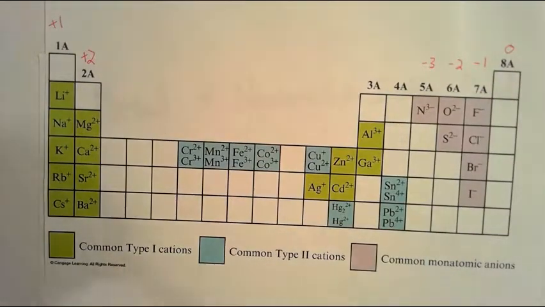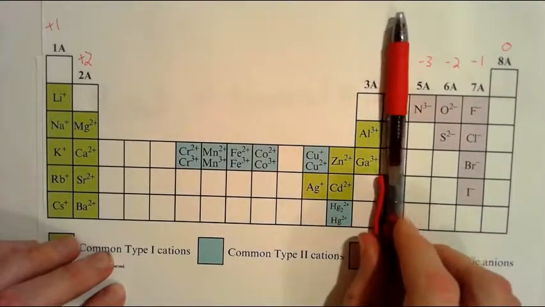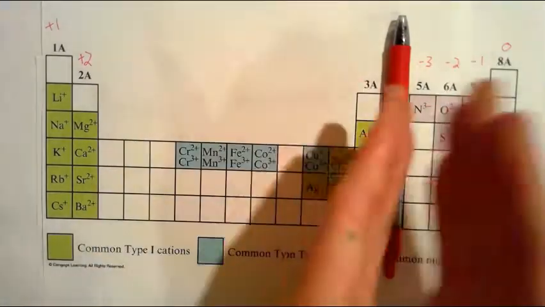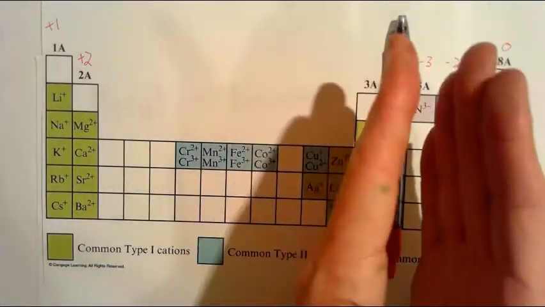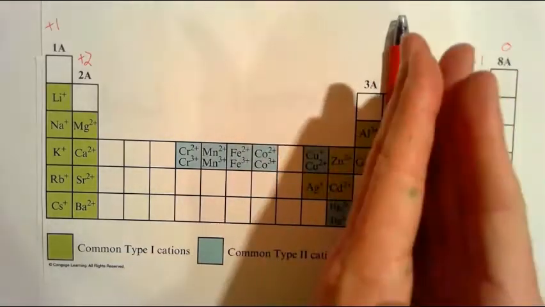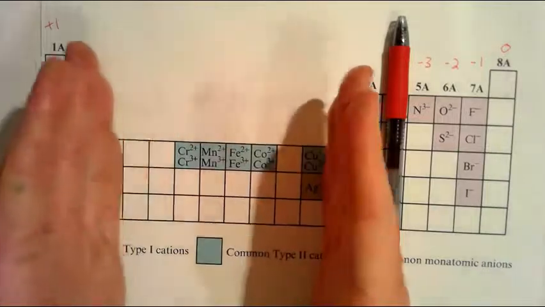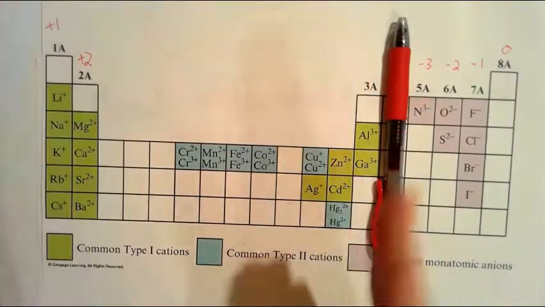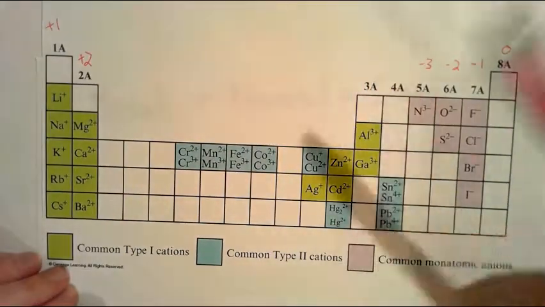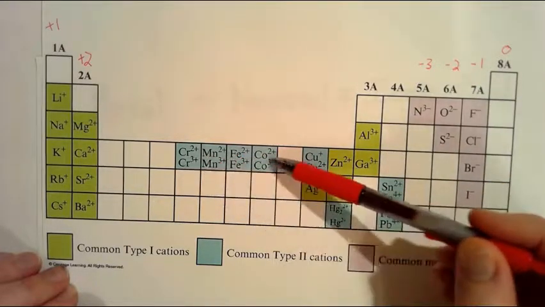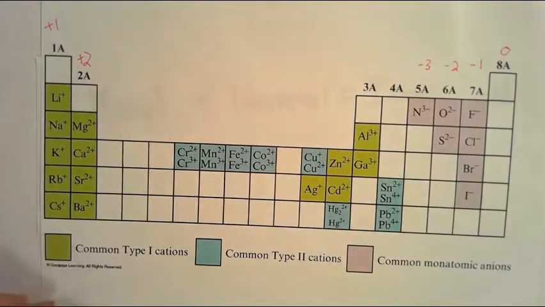So think of this as almost like a football field. If this were your 50-yard line and it was split in half, it kind of decreases just going outwards. We're kind of skipping the transition metals because the transition metals are for another video. They can have 2 different oxidation states.